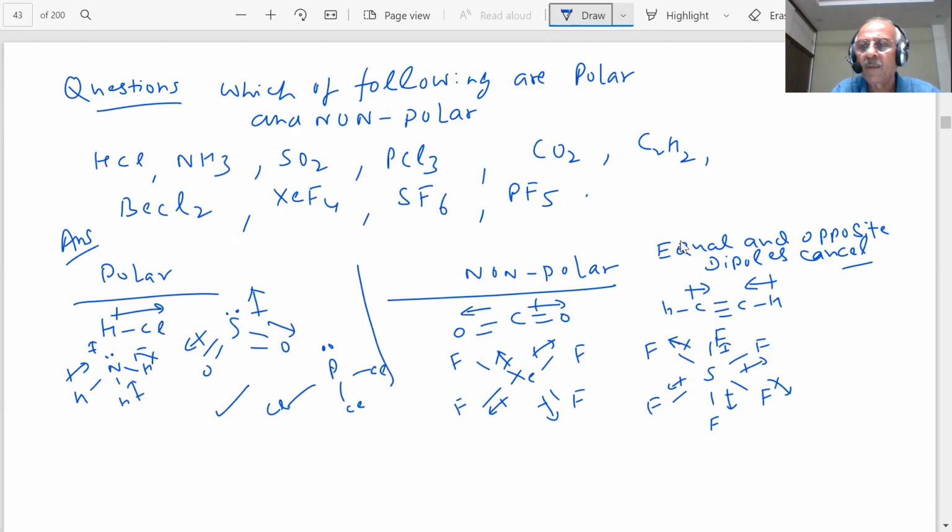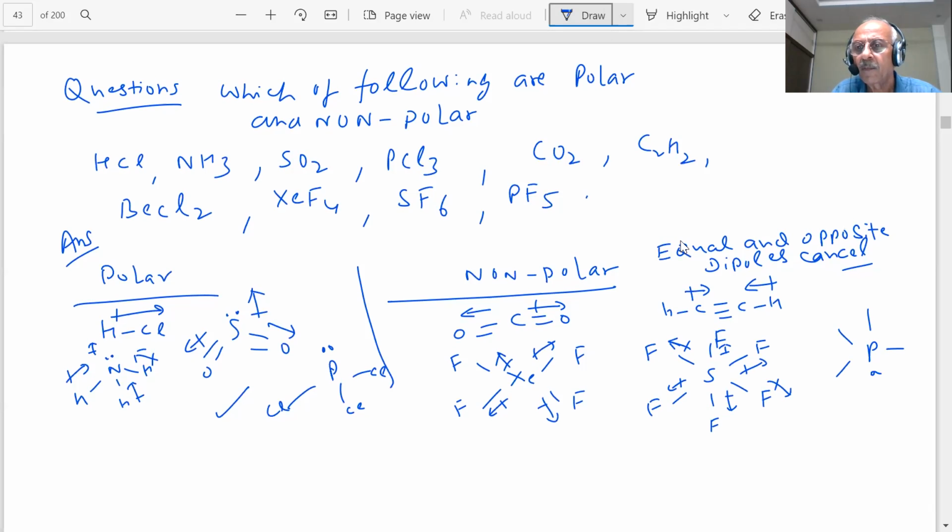And in PF5 also, the shape is like this. So what will happen? Net zero. This is opposite to this. The resultant of these two is opposite to this, zero.